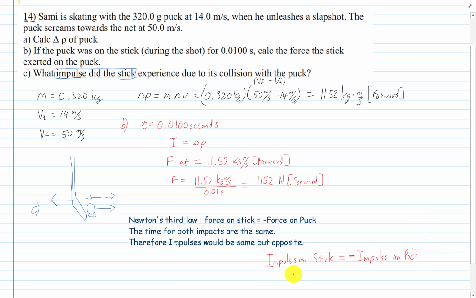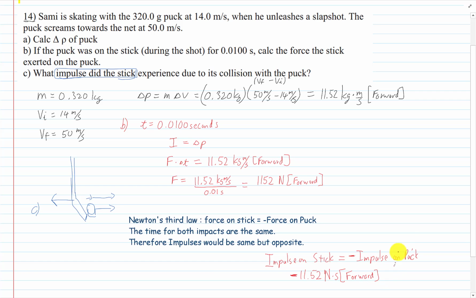And therefore, the impulse is going to be negative 11.52 kilograms, not kilograms, newton seconds forward.